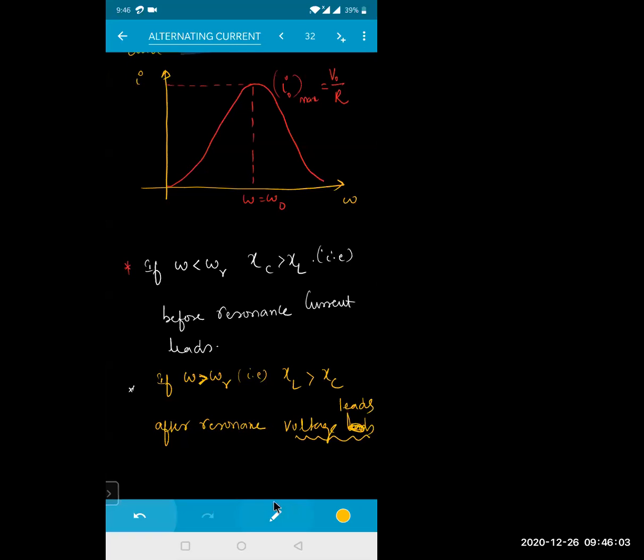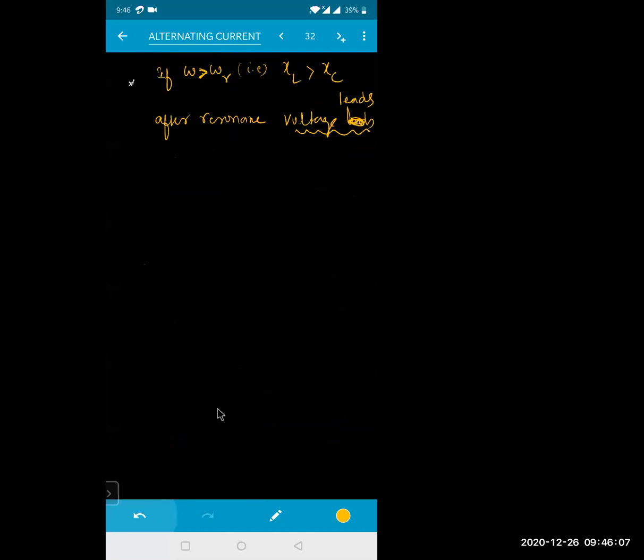So the series resonance circuit is called what? Acceptor circuit. So I can make one point here right now.